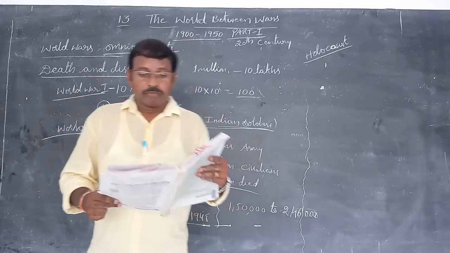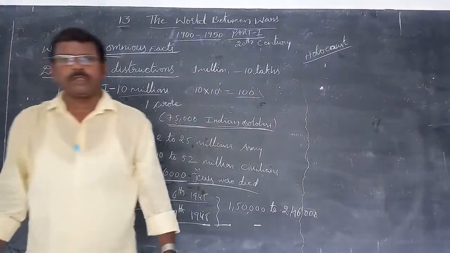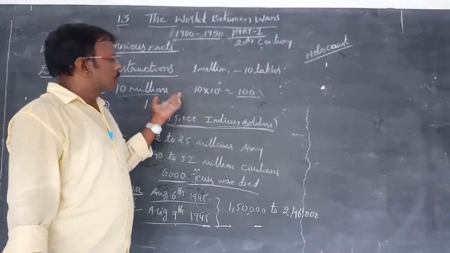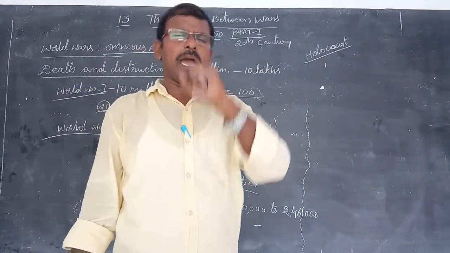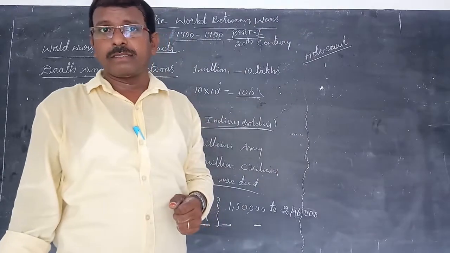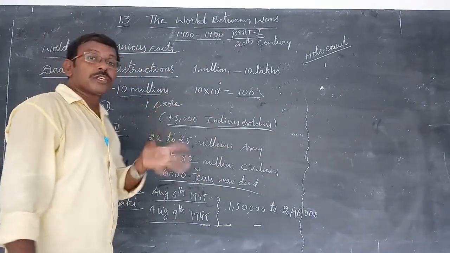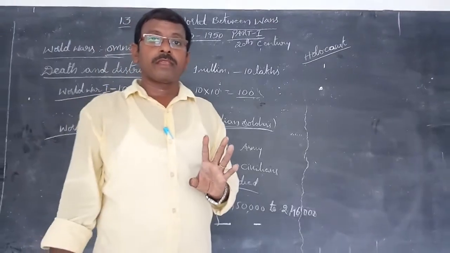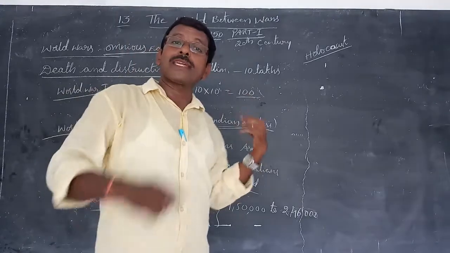And here, if you observe, the world wars happened in a very short period. In the long period before, so many wars happened, but there were no such deaths and destructions as in the First World War and Second World War.